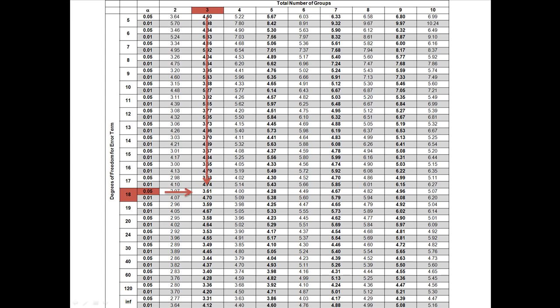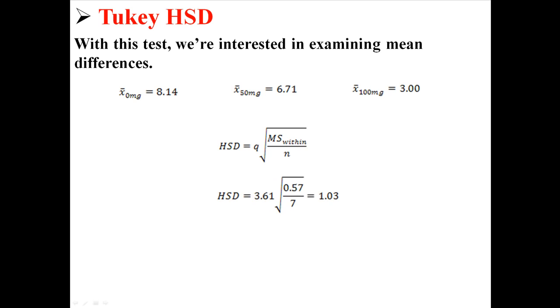Remember, we find this Q using the number of groups we have, our degrees of freedom, and our alpha. So it's the stuff you already know from the ANOVA that you did before. So now we put in this 3.61 and find an HSD of 1.03. So what that means is that any two means that are more than 1.03 apart are significantly different.